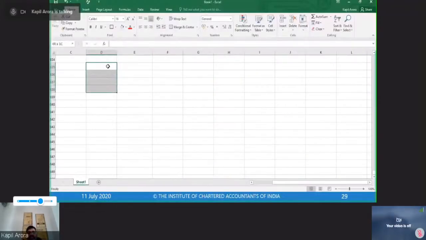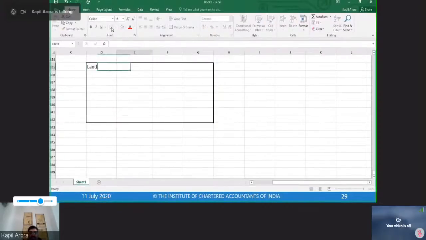So in my balance sheet, again I am making a balance sheet here. I have a land in the balance sheet at 10 lakhs. I have given this land and I have received cash of 20 lakhs and plant and machinery of 25 lakhs.